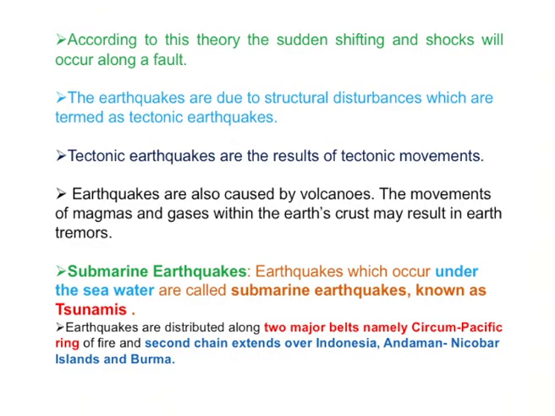Submarine earthquakes occur under the sea water, that means under the oceanic crust. Under the oceanic crust again we get structural formations or tectonic plates which are moving and rotating.